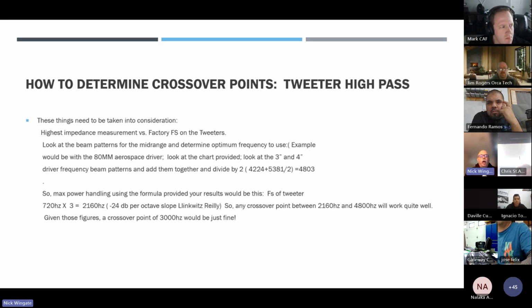Two, you also have to look at what is known as the beam patterns for the mid-range or the mid-bass to determine the optimum frequency to use. For example, in my particular vehicle, I have an 80 millimeter aerospace driver, and I'm about to show you a chart, and we're going to show you that there are ways in which you need to determine when the speaker stops becoming omnidirectional, or it stops radiating at a 360-degree pattern, okay?